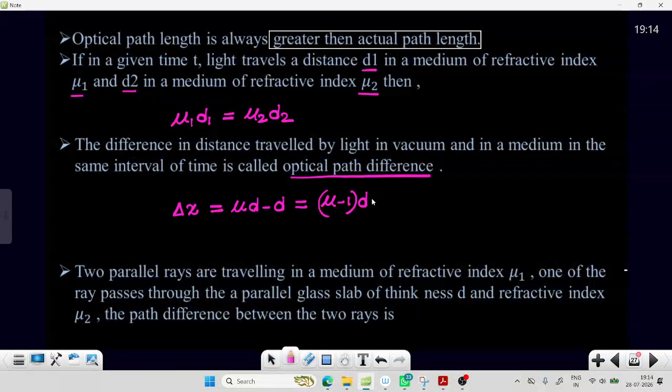Here we are assuming the light rays are placed in the same medium.